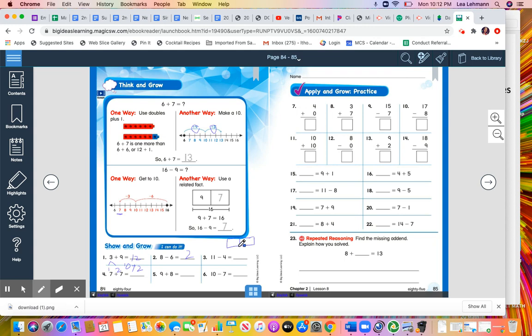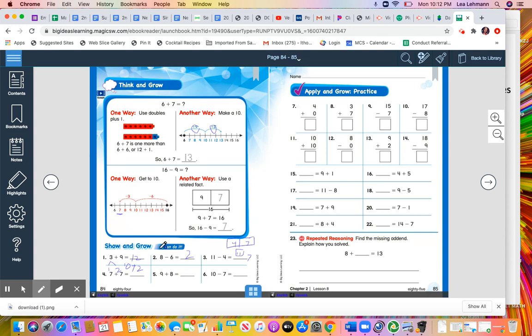So I have part of them, and this is my whole, right? All right, so my whole is going to be the big number, so it's actually going to be 11. 4 is a part of that. Okay, what's the other part that would make up 11? Okay, well, I can use my number line. I can start at 4 and go all the way to 11. It's going to be 7. So my answer here is 7.